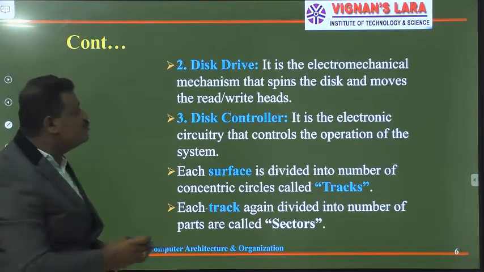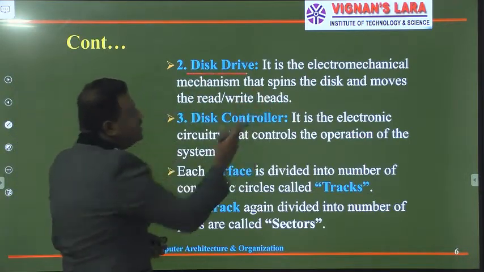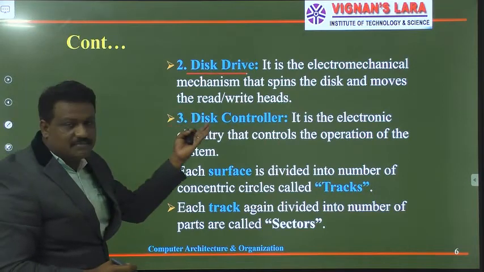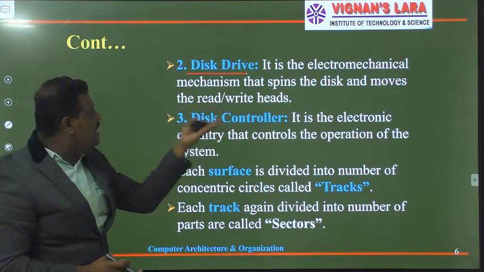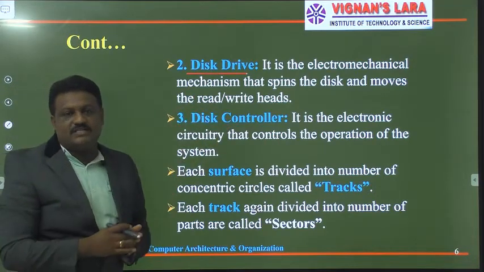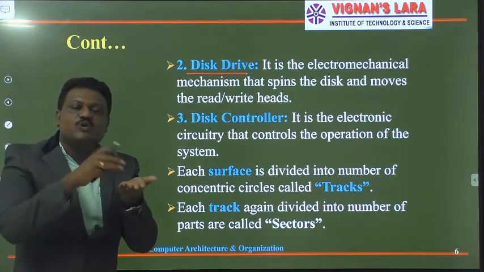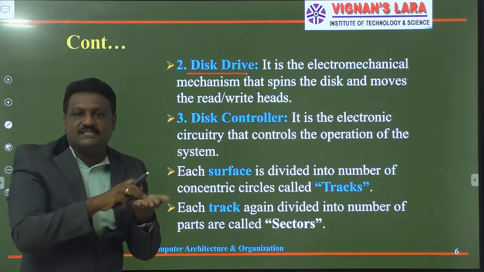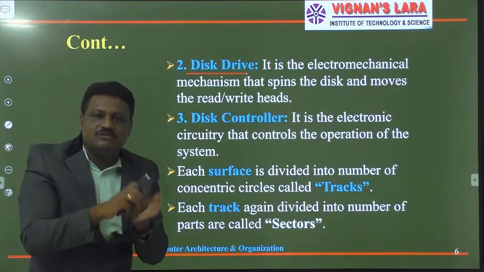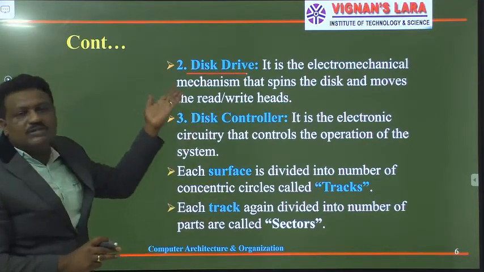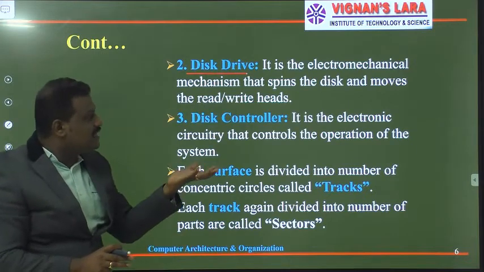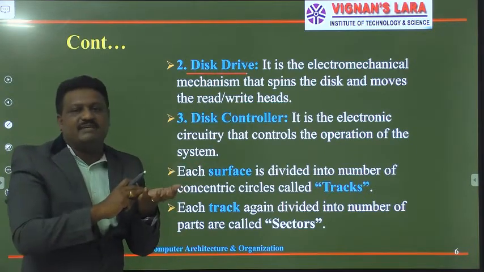And coming to the second one, the disk drive. It is an electromechanical mechanism that spins the disk and moves the read-write heads. That means, in order to read or write the information present on the surface of a disk, we take the help of a disk drive. It is an electromechanical mechanism.